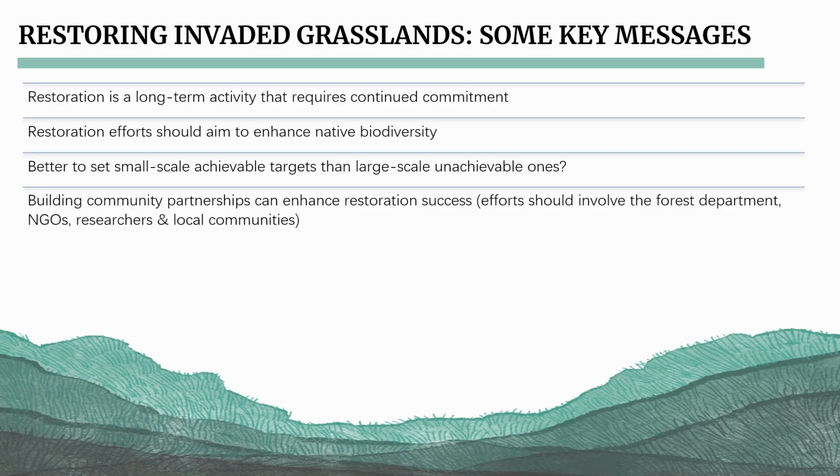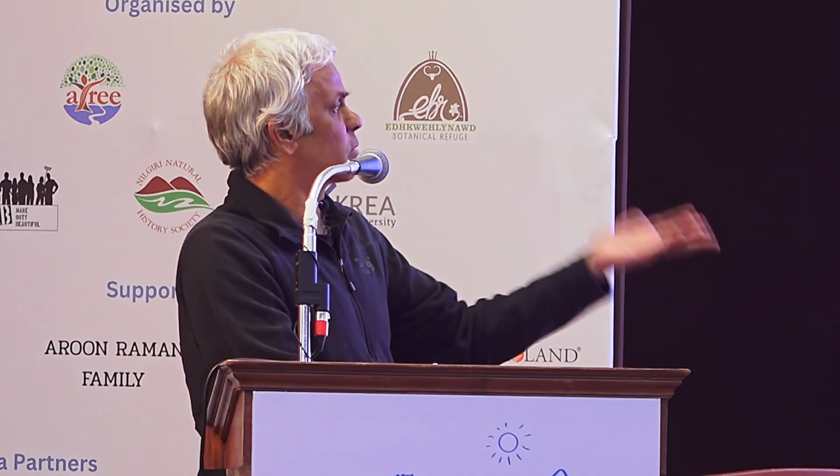For example, the DFO mentioned in the previous session that people clear the wattle, but what happens next is a point that was also made as a question. Who is going to be responsible for dealing with it after that? The Forest Department has some money, but do they have enough manpower? Or maybe collaboration with NGOs and researchers can help take the restoration to the next level.